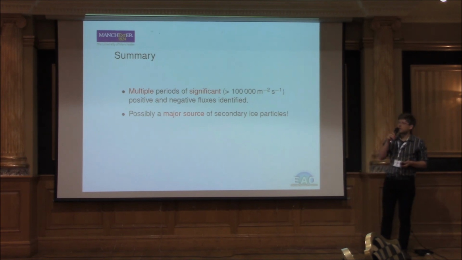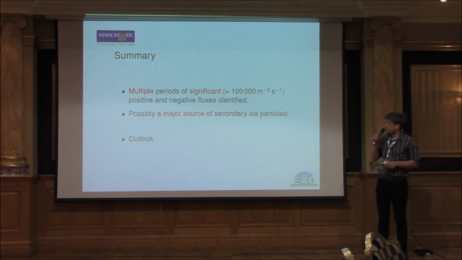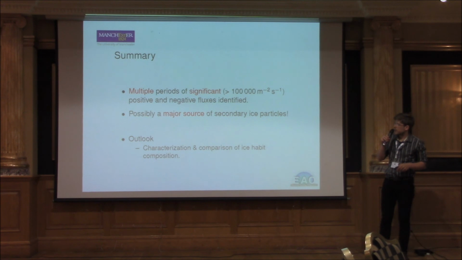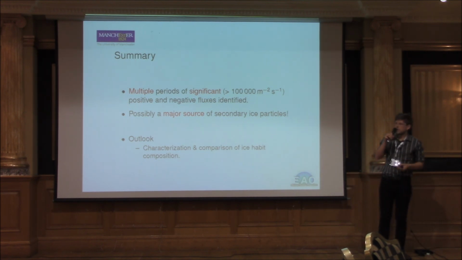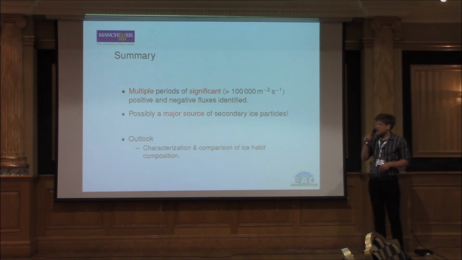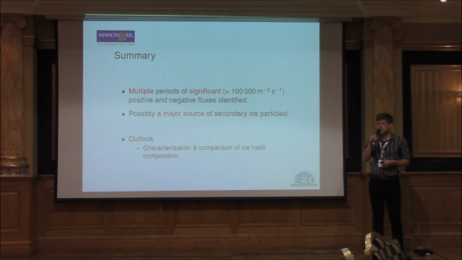For the rest of the project, I want to characterize those periods of upward and downward directed fluxes by their particle composition, so if we have needles, plates, or whatever, and whether they are linked to upward and downward fluxes.